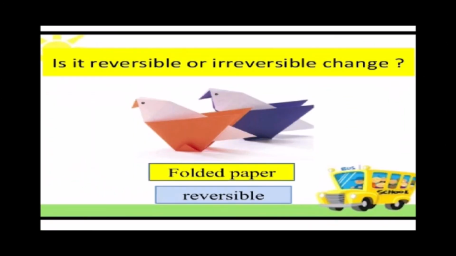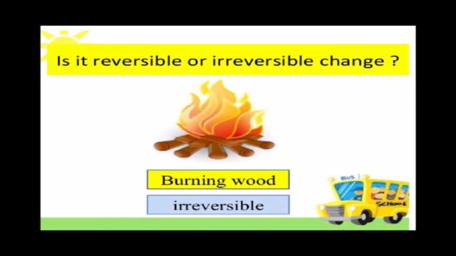Is it a reversible or irreversible change? Look at the picture and try to find out. Folded paper. It is indeed a reversible change. Burning wood. Once the wood is burnt, it turns into ashes. So is it possible that we can change the ash back to wood? No, it's irreversible.